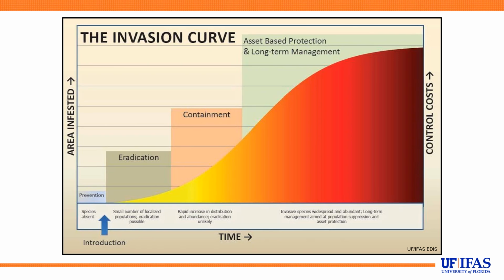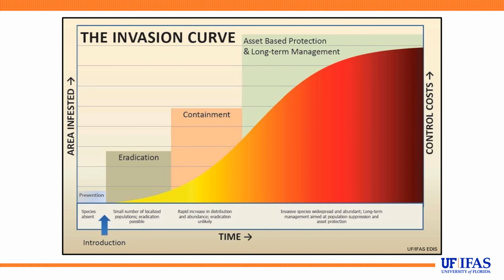That small population has now grown rapidly. The number of individuals are high, and the area of infestation is much larger. Since eradication is unlikely at this stage, now the goal is to contain the invasive species to their current locations. The cost of containment is higher than eradication and prevention.